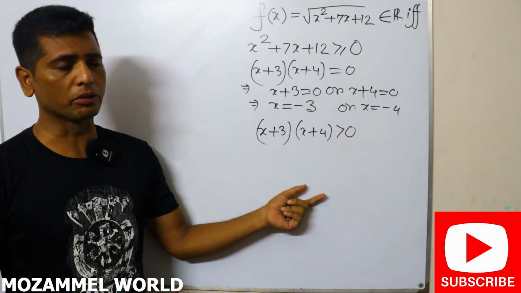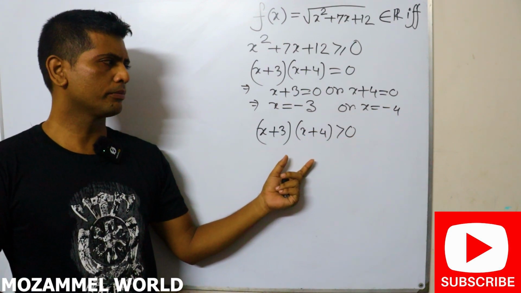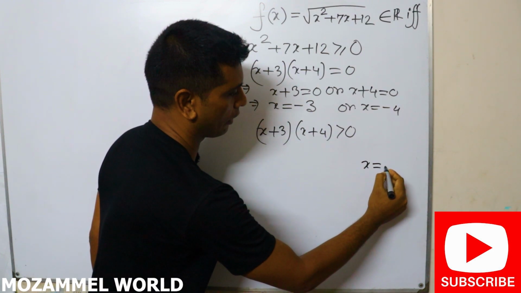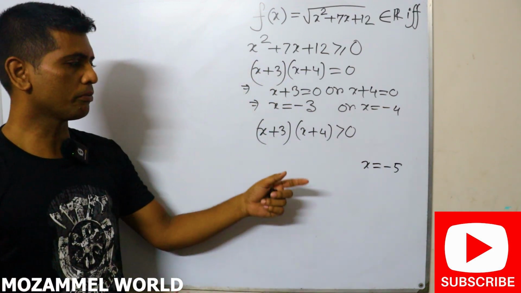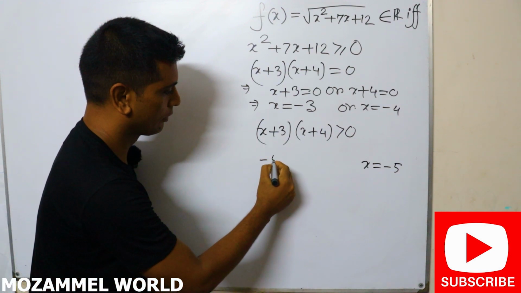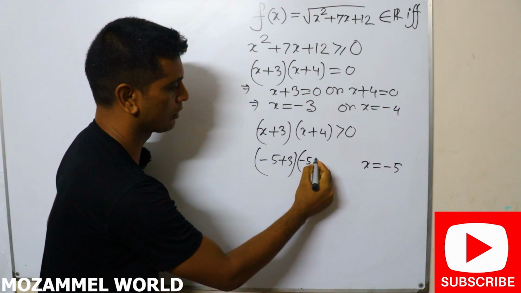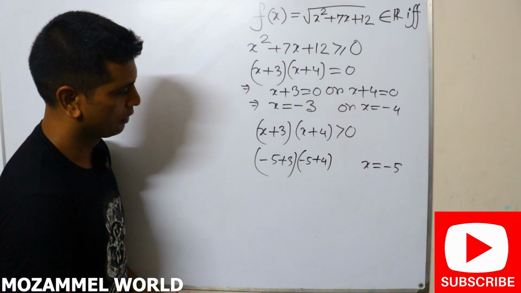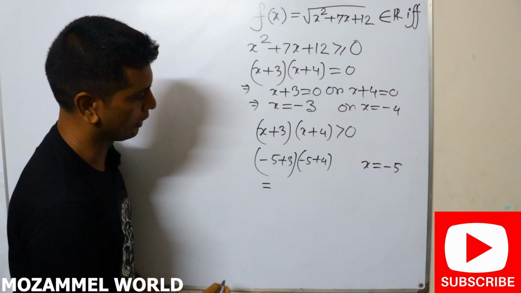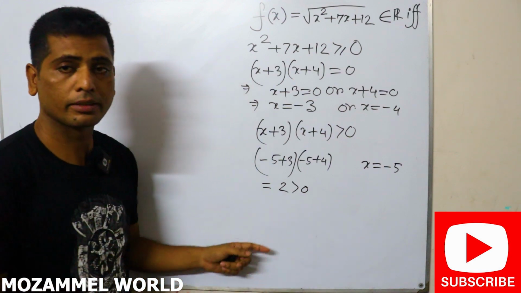If I put a value less than minus 4 in here, for example minus 5, it's going to be (minus 5 plus 3)(minus 5 plus 4), and this value is going to be plus 2, which is greater than 0.